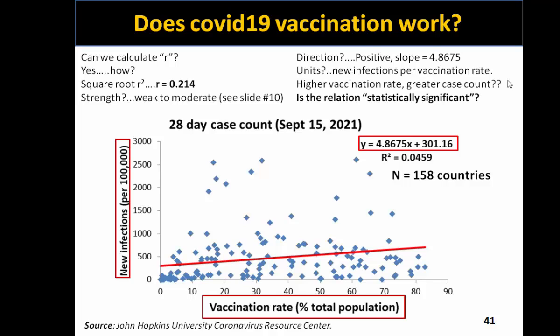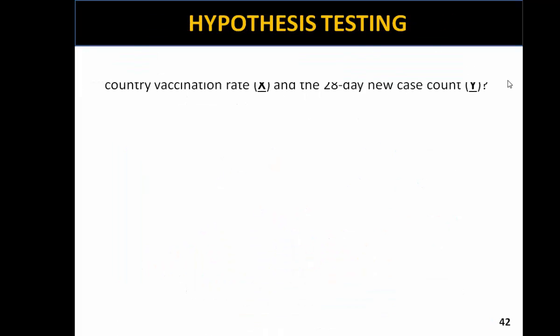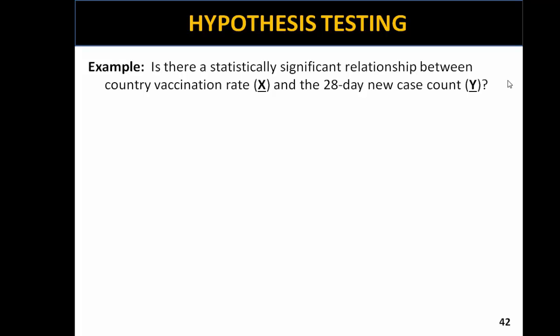And what we're basically asking from that point is, is the relation statistically significant? Well, to test correlation statistical significance, we go back to a previous technique that examined hypothesis testing.